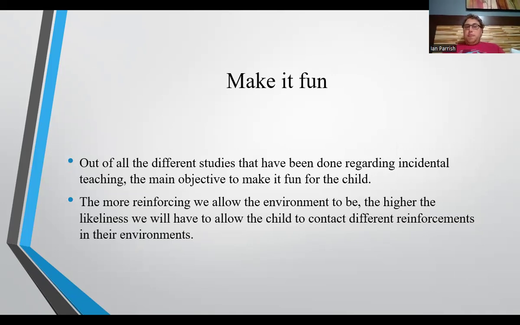From a brief background, initially ABA was a lot of discrete trial training, just direct instruction at the table, and gradually the field of applied behavior analysis recognized we need something more natural and more fun. That's what this is all about. So the more reinforcing we allow the environment to be, the higher likelihood we'll have of allowing the child to contact those different reinforcers in their environments.